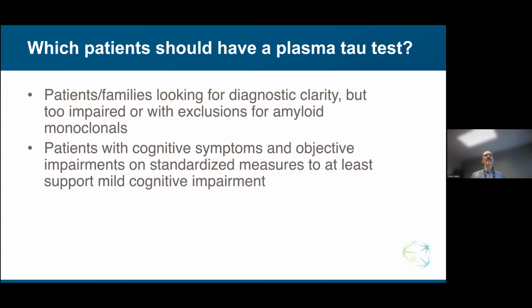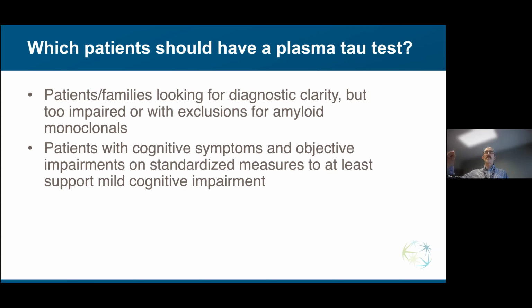The other is in patients with cognitive symptoms and objective impairments on standardized measures that would at least support a diagnosis of mild cognitive impairment. It also helps to have an underlying suspicion of Alzheimer's disease, right? Because you are really trying to refine your ability to identify patients who, at least in my mind, may benefit from novel therapies, clinical trials, etc. And is there a way that we can screen them quicker to maybe get them to a confirmatory study faster?